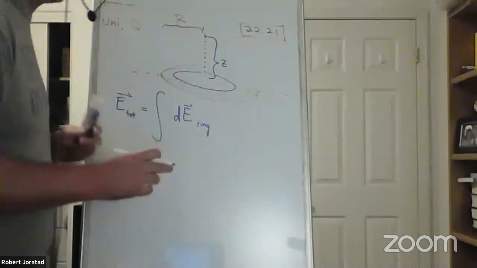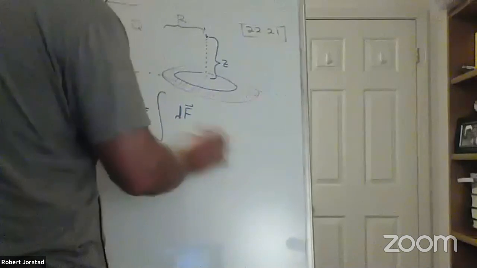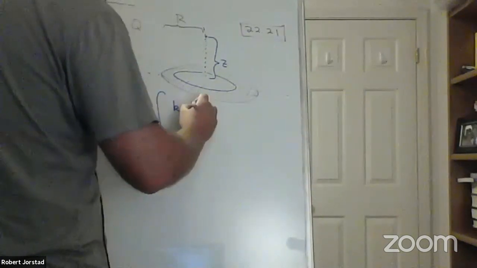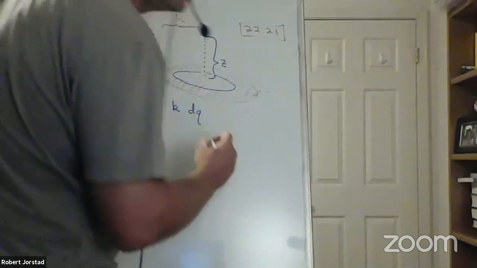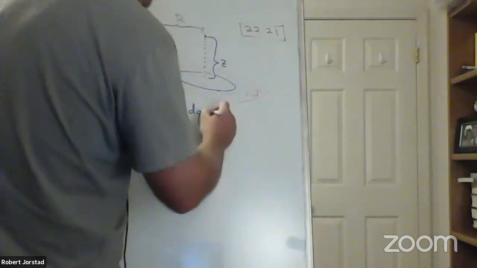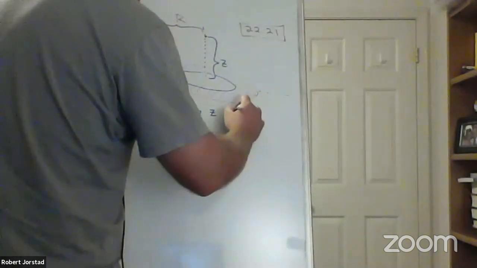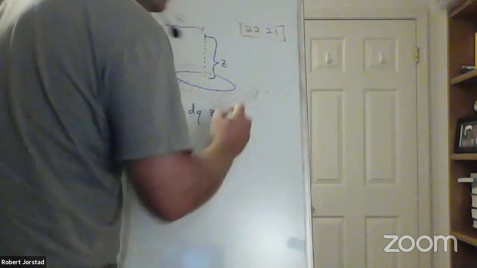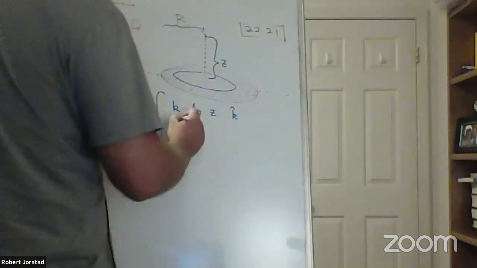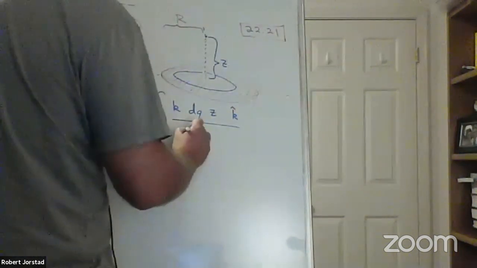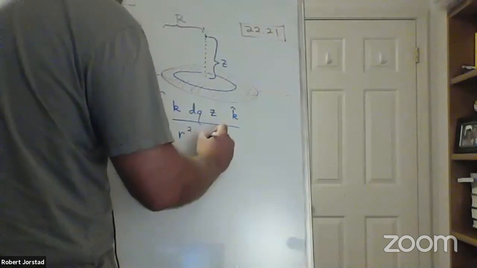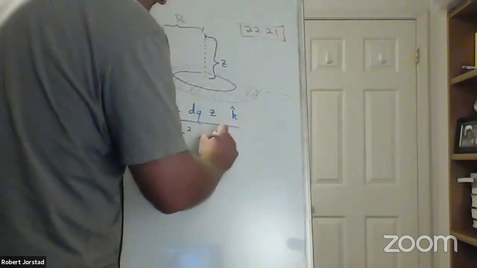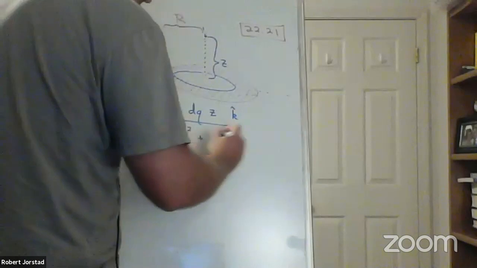Now I'm going to get that equation out of the book and write it on here. It was K dQ Z in the k hat direction, all over r squared plus Z squared to the 3/2.